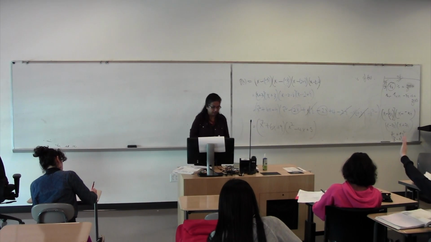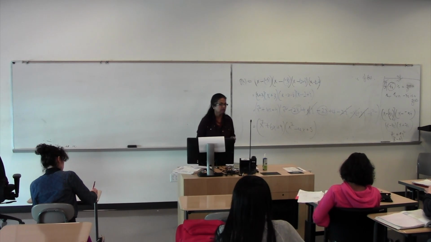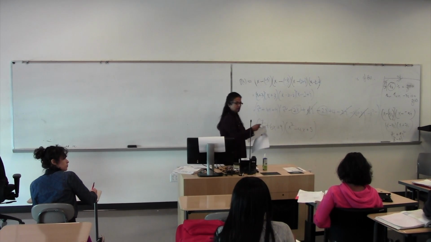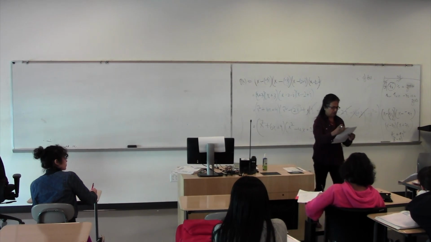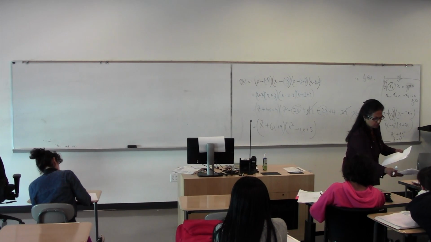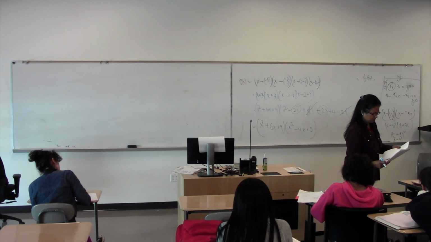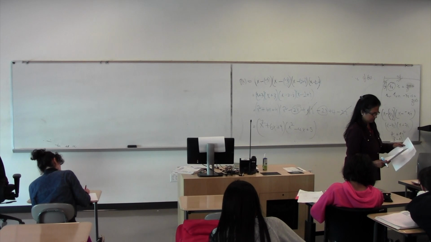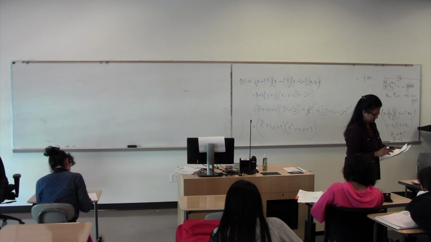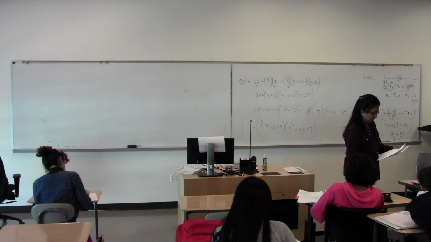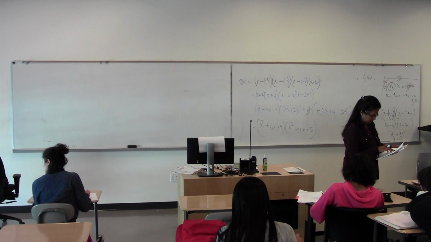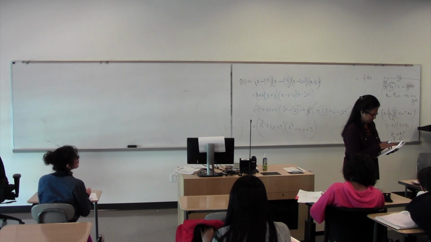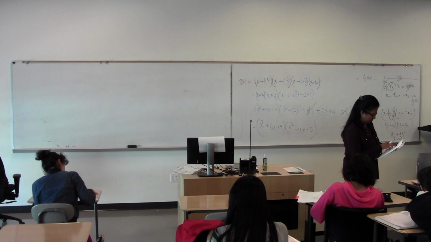Any questions? I cannot solve number 6, the simplified. This one? Yeah, right here. Let me look at this, okay? I'm going to set something equal to 0 here. When you reduce this, you get negative 4x squared.